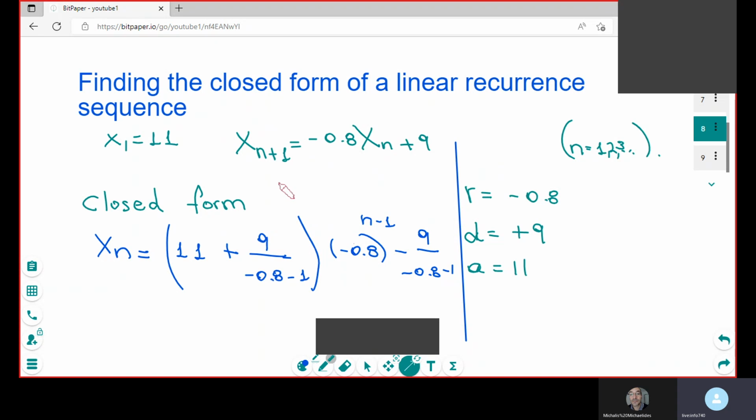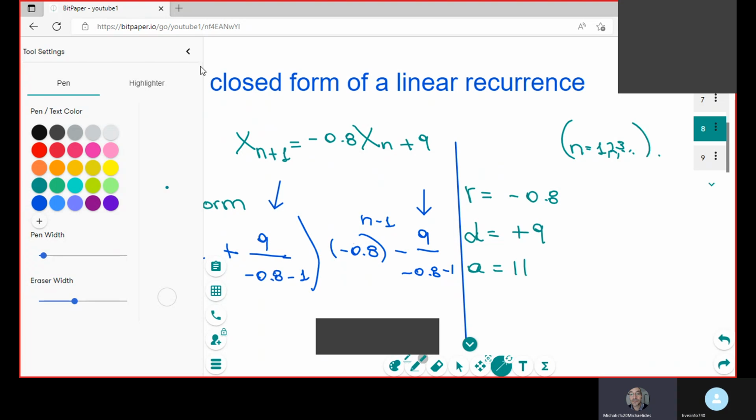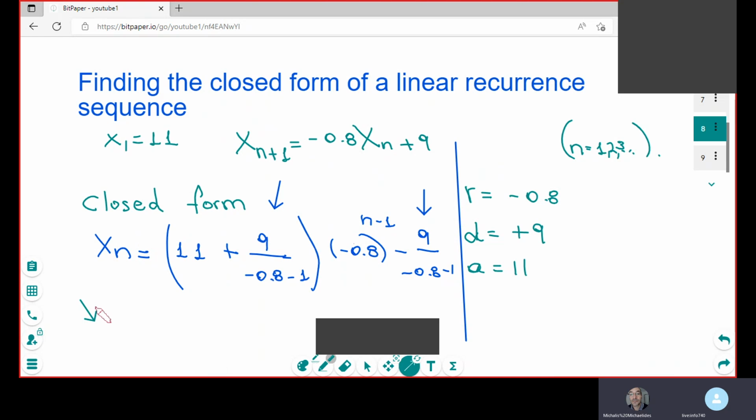To simplify this formula, this fraction, and also at the end, the last fraction, this needs to be simplified, and this is what we need to do, basically. So we have, I do some calculations here to simplify the formula.